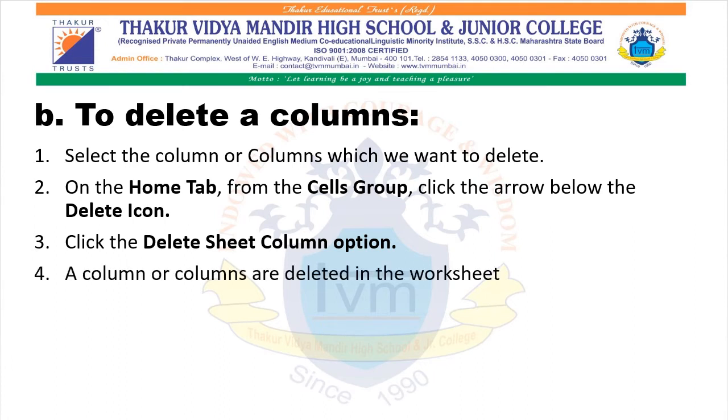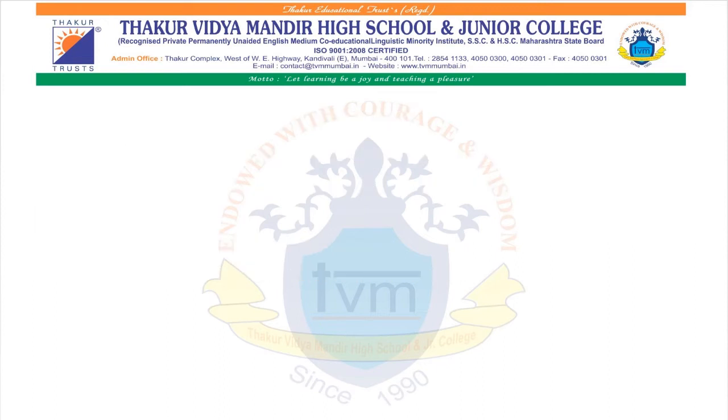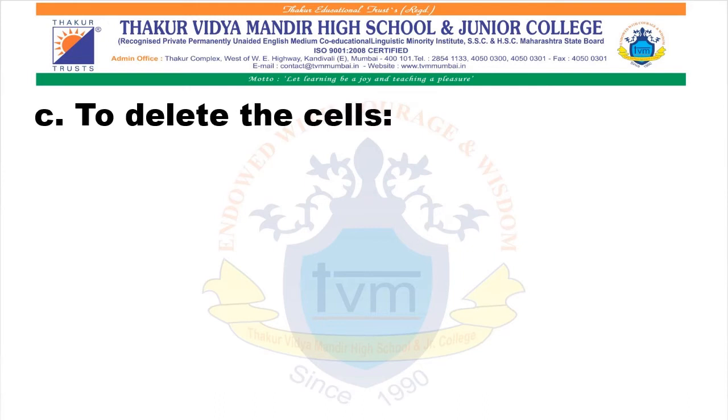The last way we can opt for the delete process is by deleting the cells. To delete the cells, we can follow these steps. Deleting a cell means we are going to delete a cell or selected cells from the worksheet.